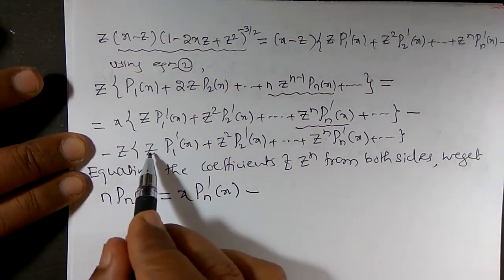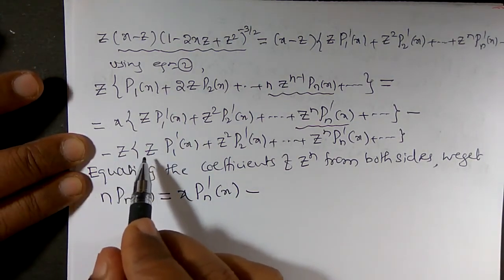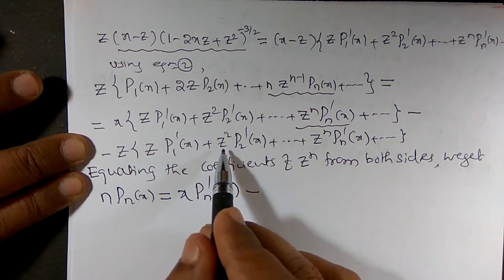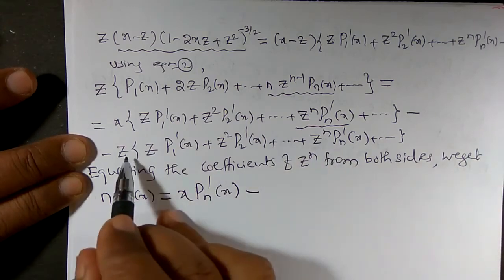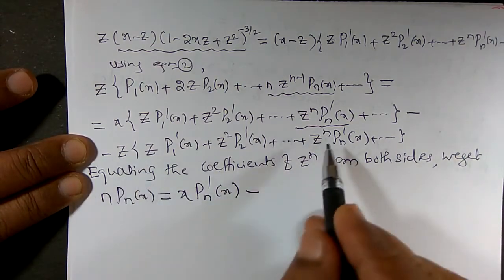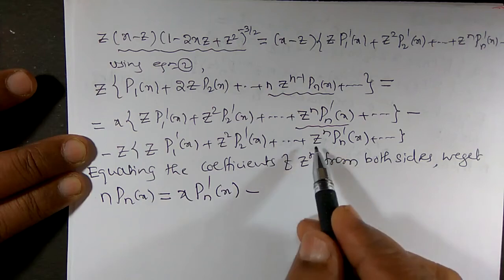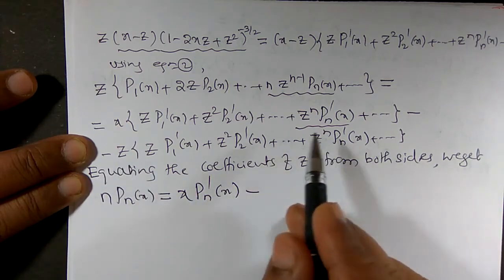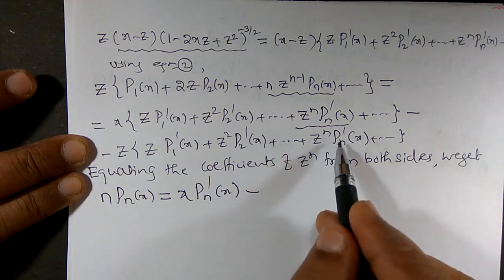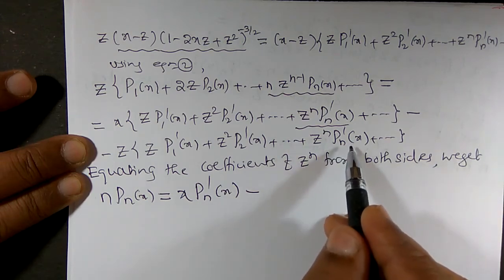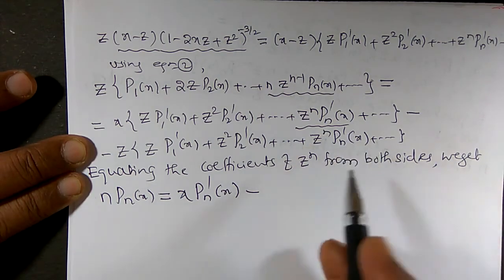Now I want to multiply z into z square. I don't want z square, and z square into z cube, I don't want z cube. When I multiply this term, z raised to n into z means z raised to n plus 1. So that's why I want to multiply z into its previous term. What is its previous term? z raised to n minus 1 P(n minus 1)'(x).